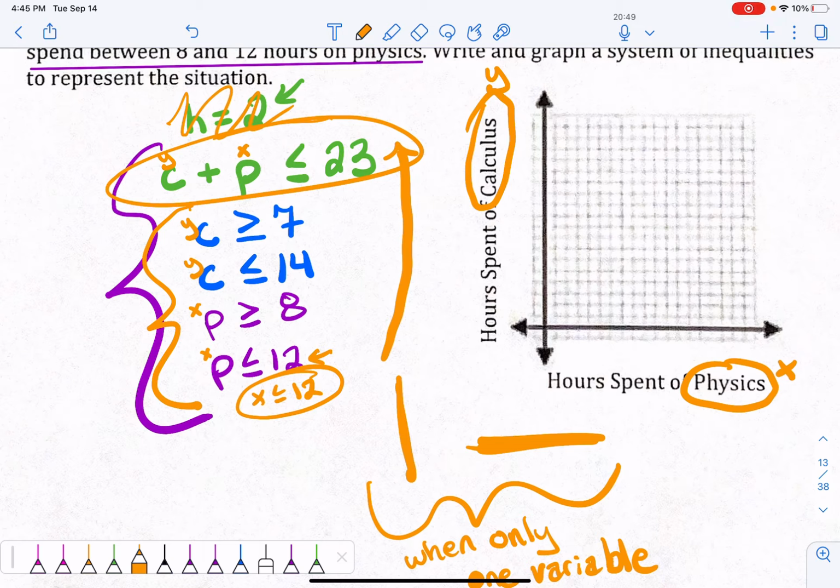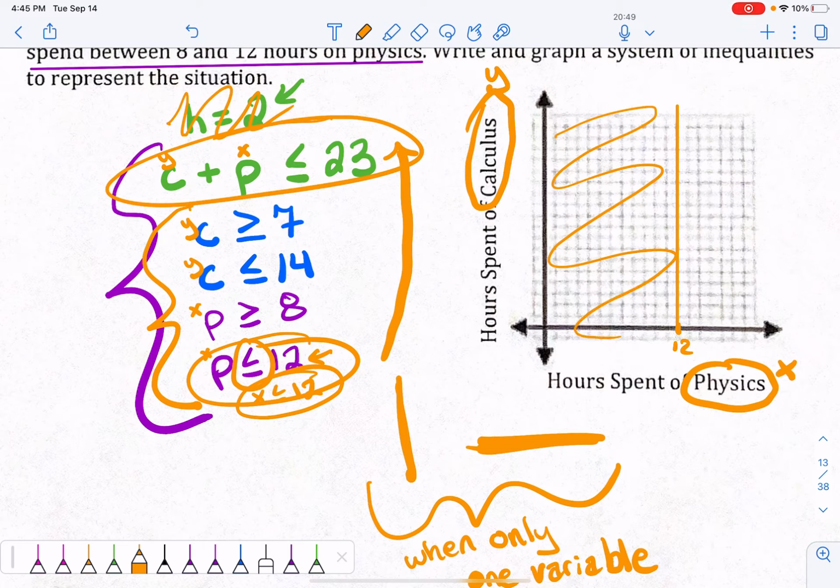So this last one, x is less than or equal to 12, is the one we're graphing here. We go over to 12 on the x-axis, so 1, 2, 3, 4, 5, 6, 7, 8, 9, 10, 11, 12. I'm going to mark 12 there, and it's a straight up and down line on 12. It's a solid line, and P is less than that, so we're shading below 12.